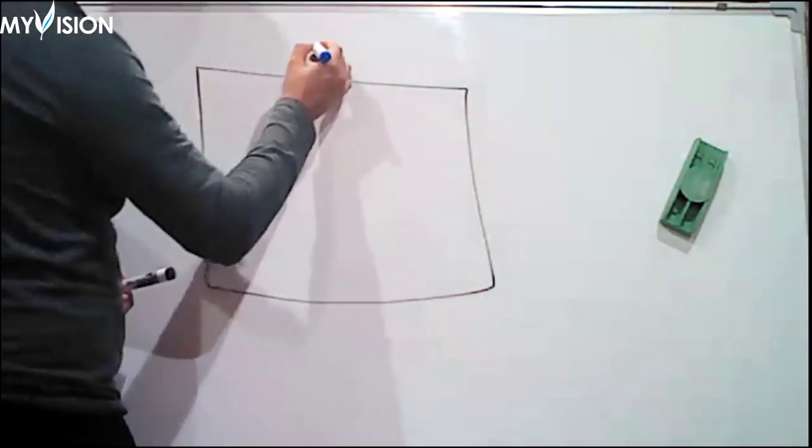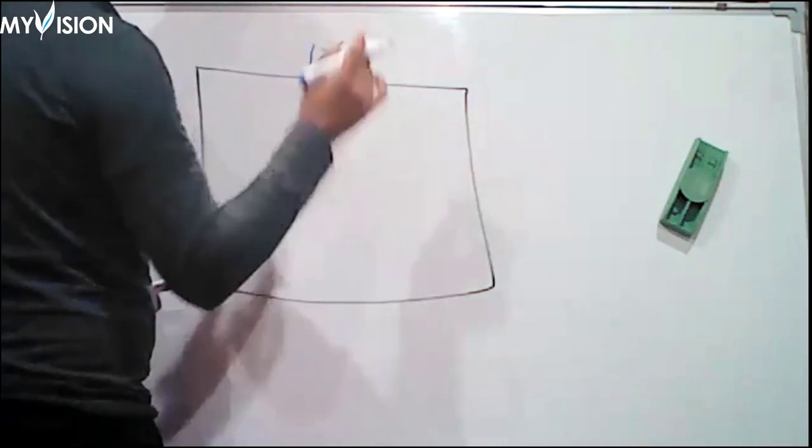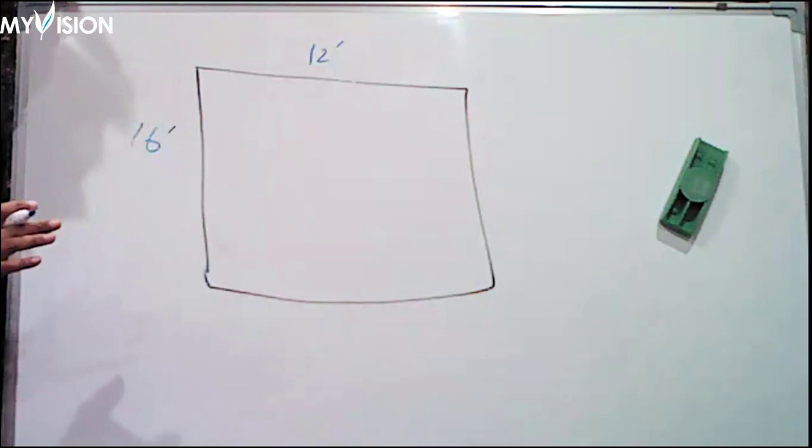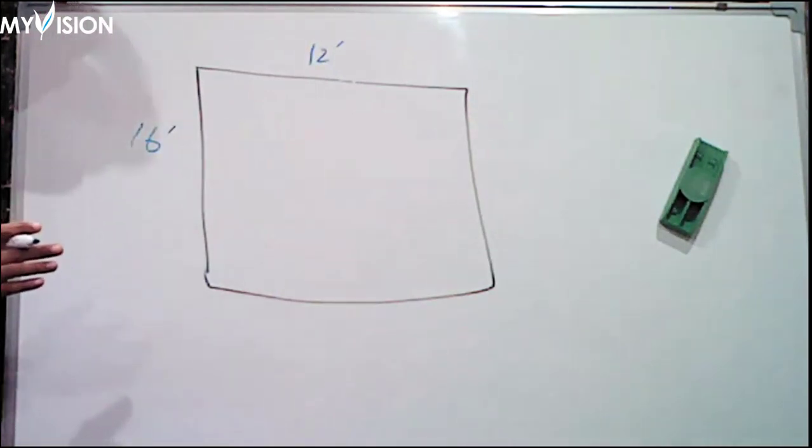This dimension is 16 feet and this dimension is, for example, 12 feet. Now, I have already calculated the values of steel reinforcement.